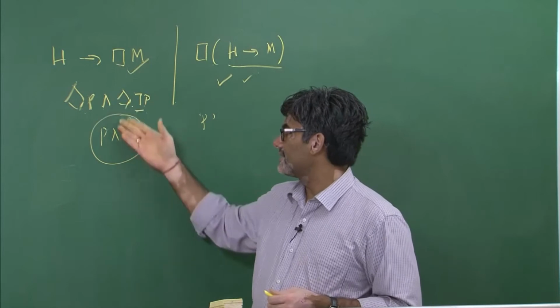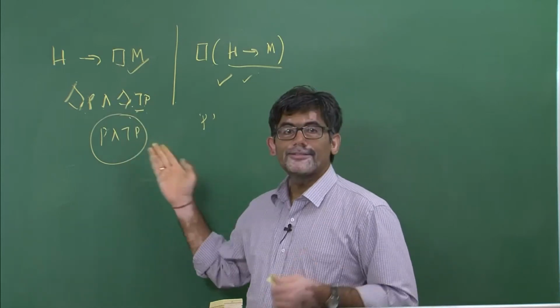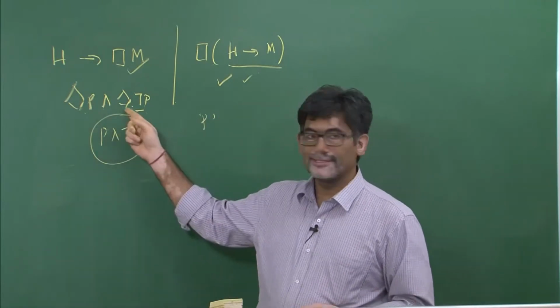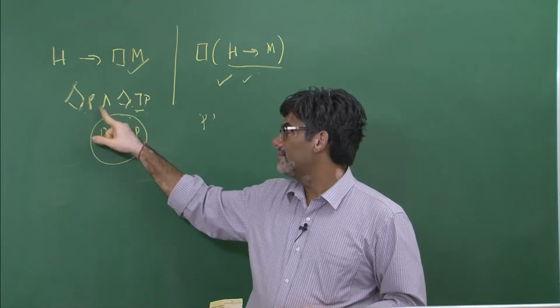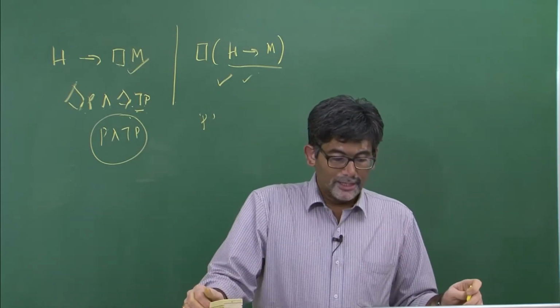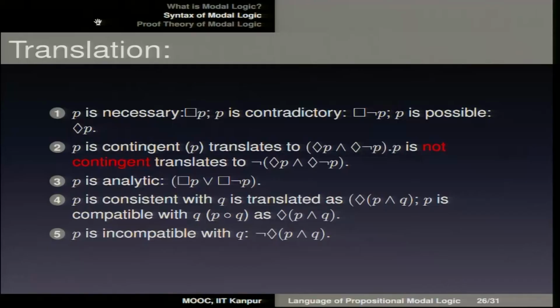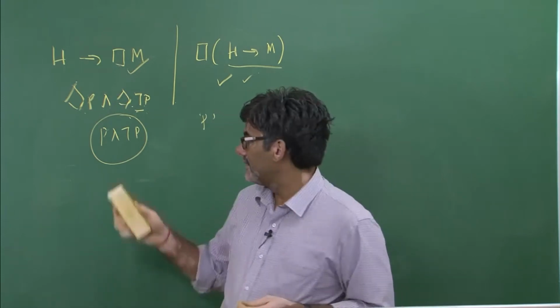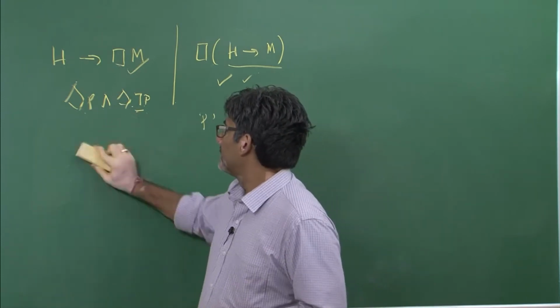So this is interpreted as this one. This is considered to be a contradiction, but in modal logic this need not be a contradiction. It is possible that P, and of course it is also possible that not P is the case. So P is not contingent. Not contingent means you need to put one negation here.